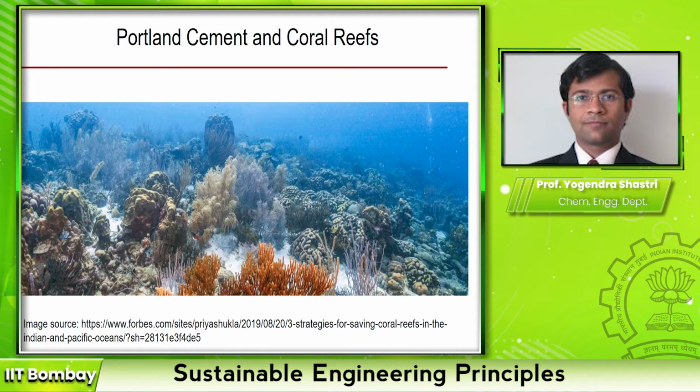The one is related to Portland cement. Cement is something that we use a lot in recent times because there is a lot of construction going on globally, and almost all that construction requires cement. So the production of cement is extremely high. And unfortunately, the production of Portland cement is very energy and carbon intensive.